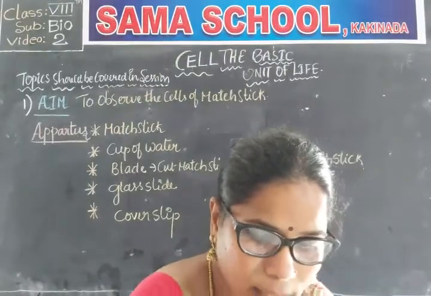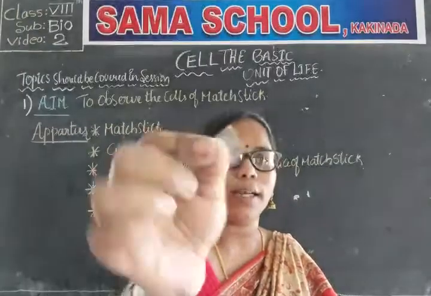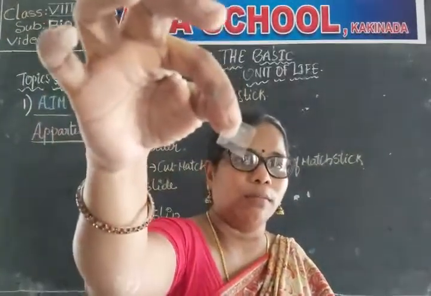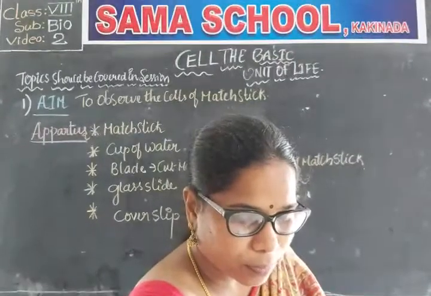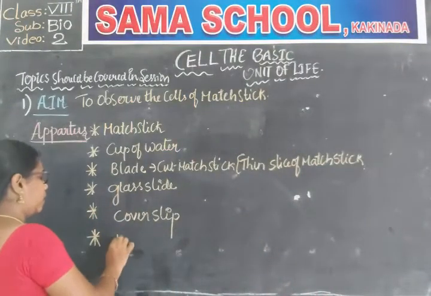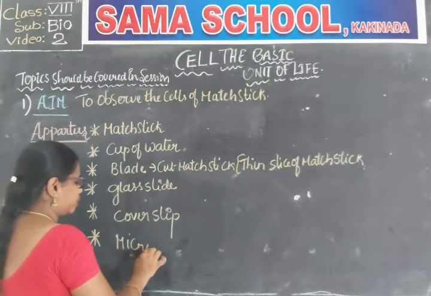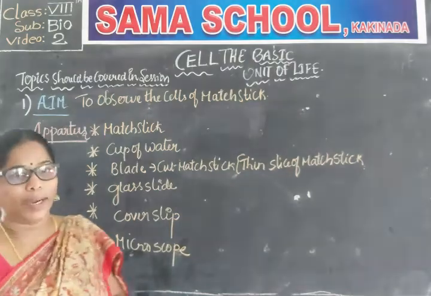This is the cover slip. Are you observing the cover slip? Very thin, you can see. Then we need a microscope. So these are the apparatus required.